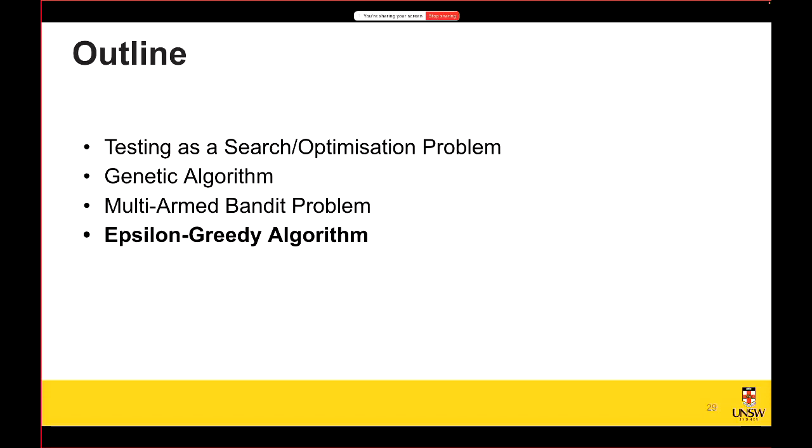We can choose which seed to use to generate test inputs. We can choose which mutation operator to use. And this seed or mutation operator could be viewed as an arm of a bandit machine, because we don't know the chance of getting a reward by choosing that seed or that mutation operator.